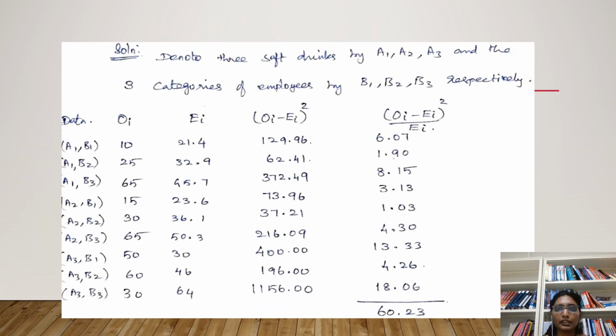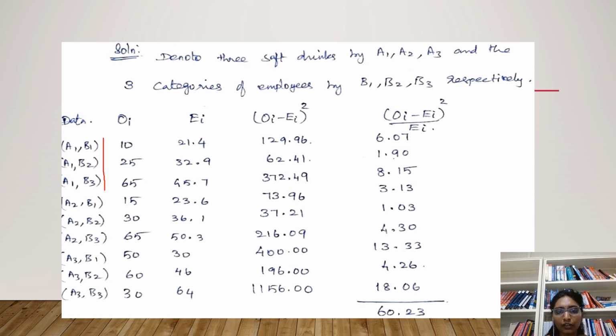So our hypothesis is fixed, and instead of using soft drinks and employees, I put a shortcut: soft drinks I mention as A1, A2, A3, and the employees as B1, B2, B3 respectively. So for the position A1, B1, that is soft drinks of first row and columns, you have to find the calculated value. How can we find the calculated value?